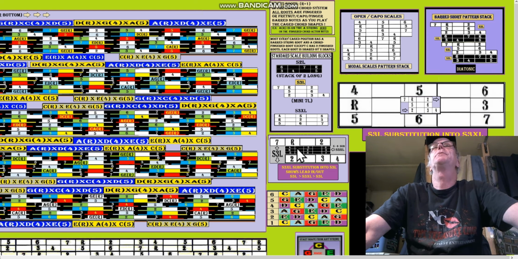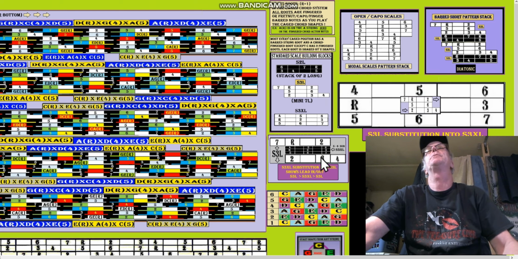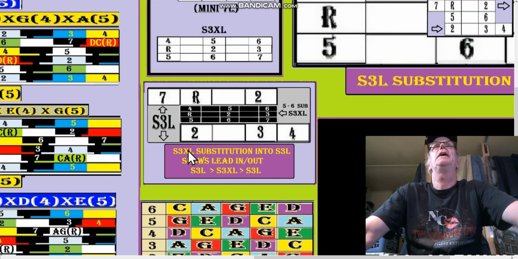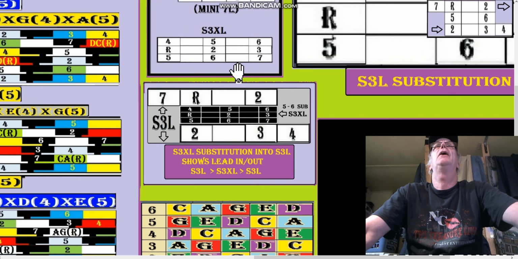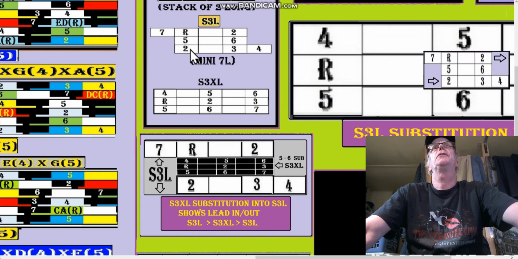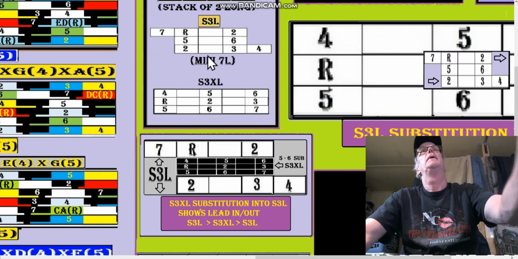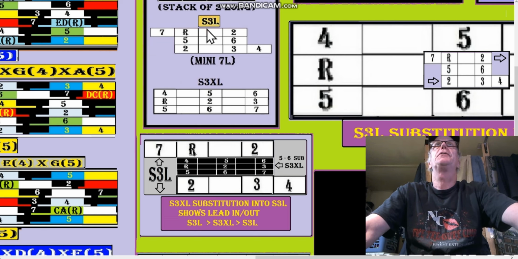Here's another substitution called the 5, 6 substitution, where it's an S3XL substitution into the S3L. Here's your S3L. It's a Dorian scale. That's all it is. 2, 3, 4, 5, 6, 7, root, 2. We're going to substitute a 5, 6 in there.